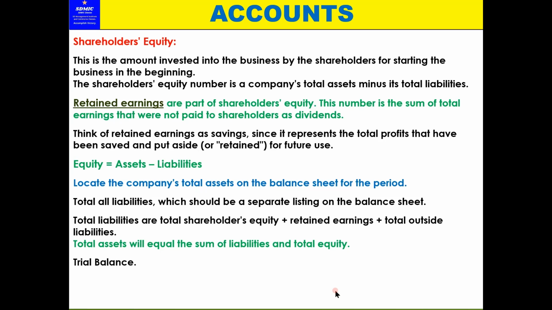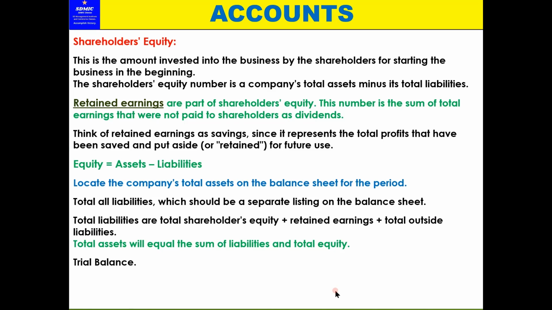Now the final accounts consist of the trading profit and loss account, that is the income statement, and then a balance sheet, meaning a financial statement. So these two things are the financial statements. One is the income statement, that is the trading profit and loss account, and the second thing is the balance sheet, that is a financial statement which explains the financial position of the company.